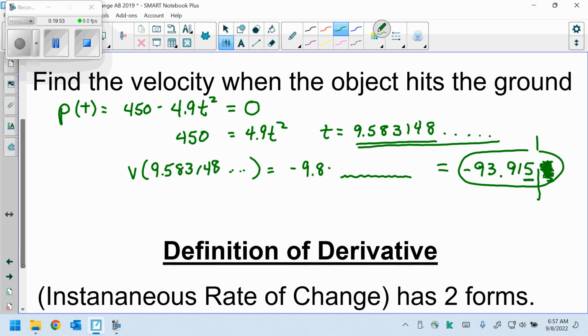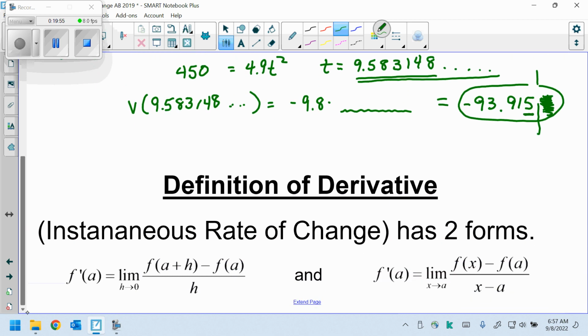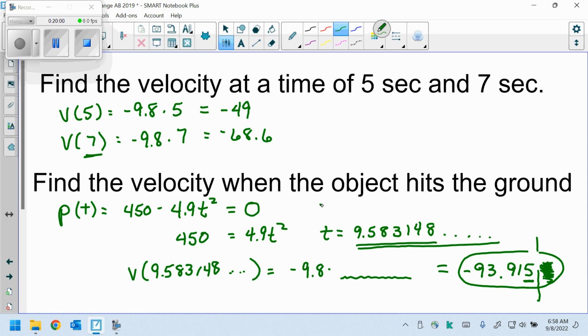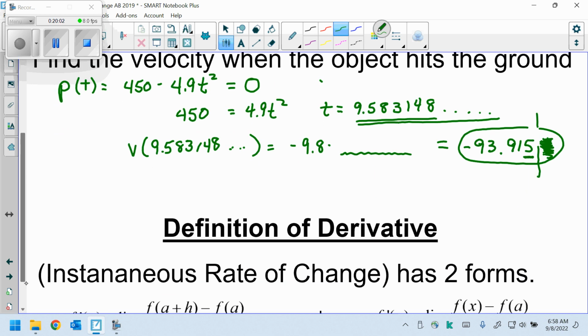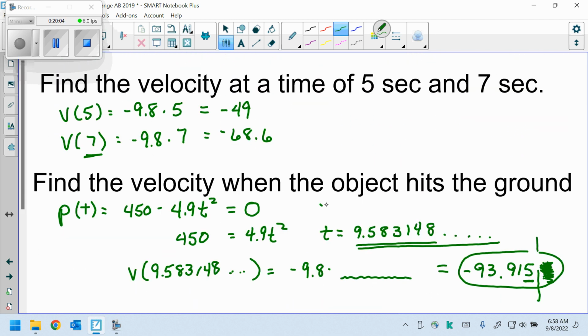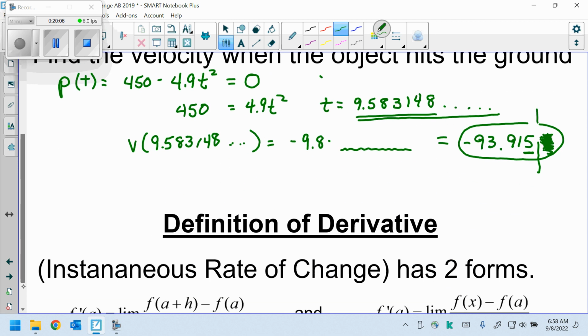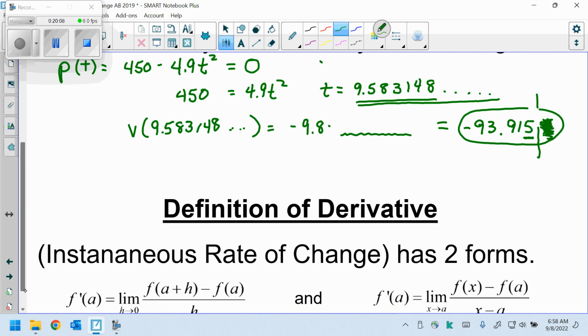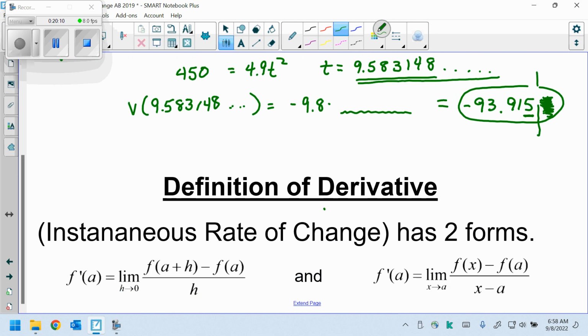So, definition of derivative. Okay, here's our vocabulary word of the semester. Oh man, you just don't want to stay, do you? The word is derivative. Derivative means slope. Slope of a tangent.